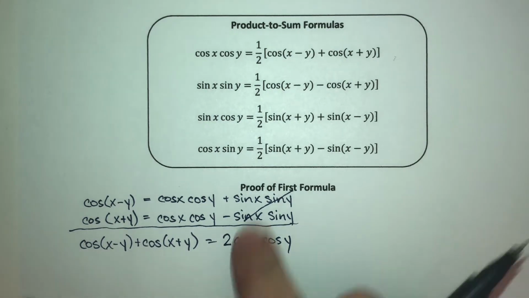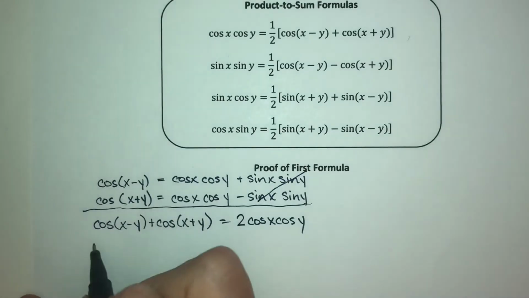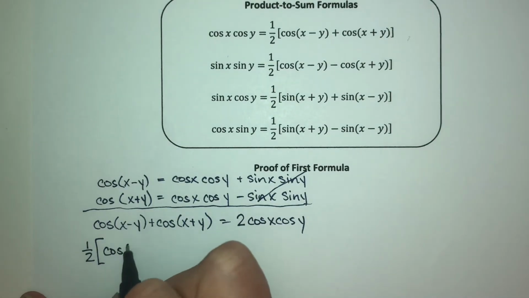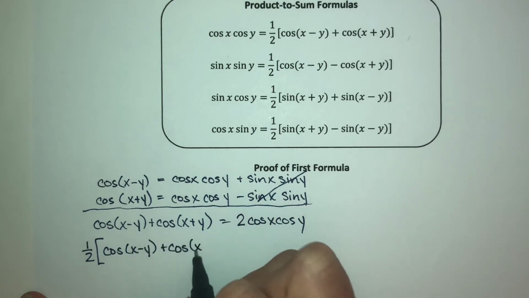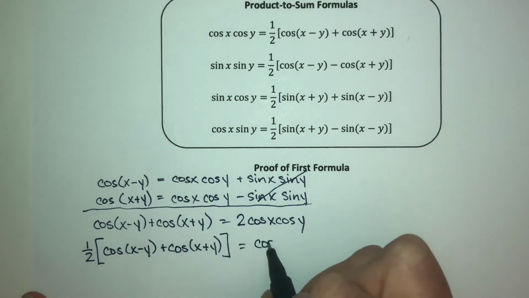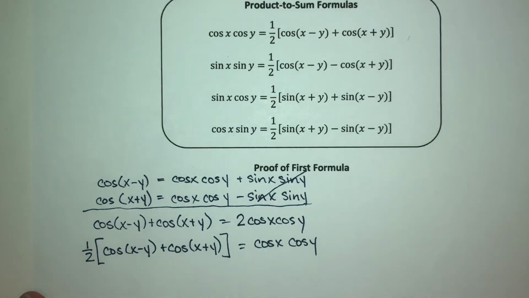Now this is almost the formula. I just need to divide both sides by 2. So I get 1/2 of cosine of x minus y plus cosine of x plus y, and this equals cosine x cosine y, which is our first formula. The other three are developed very similarly.